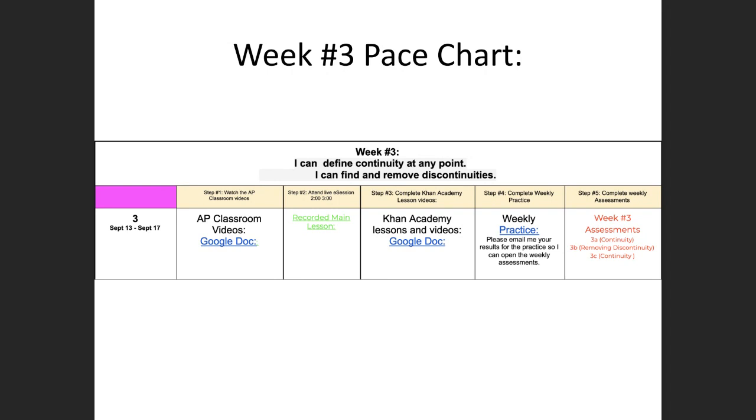And then the Khan Academy, and then this week you have 3 assessments: continuity, removable discontinuity, and continuity again. I think 2 out of the 3 are multiple choice, if I'm not mistaken. All right, so that's our goal for this week: we can define continuity at any point, and I can find and remove discontinuities.